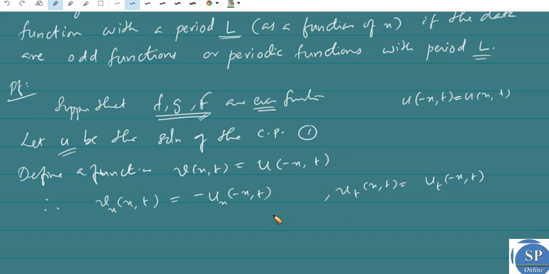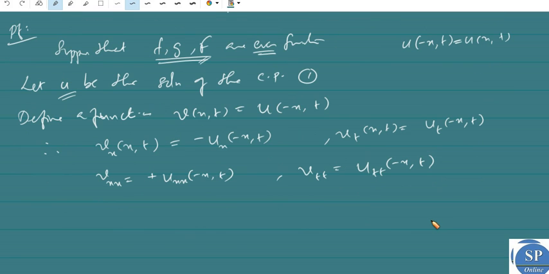The second derivatives are given by v_xx, the derivative of this with respect to x, that is minus u_xx of minus x, t into minus 1, so this is plus u_xx of minus x, t, and v_tt is equal to u_tt of minus x, t.